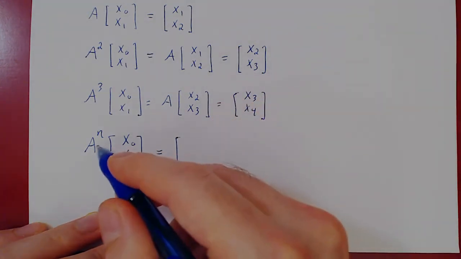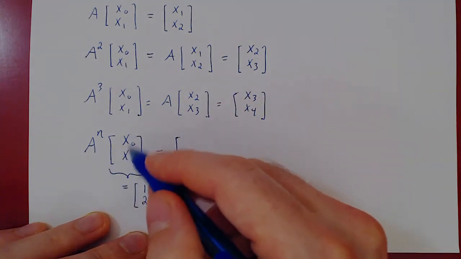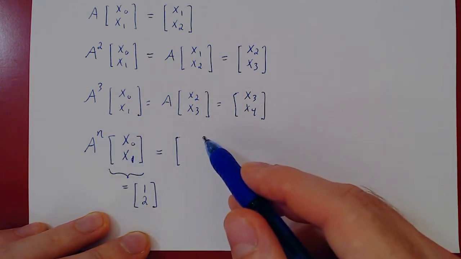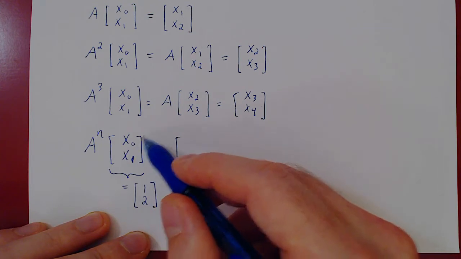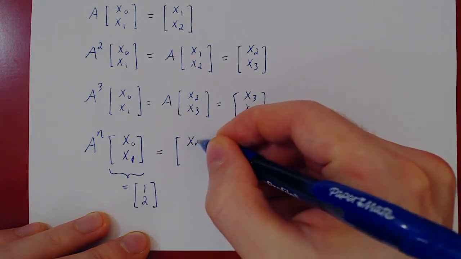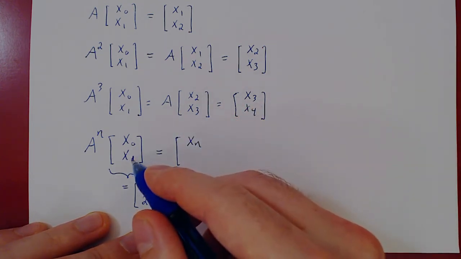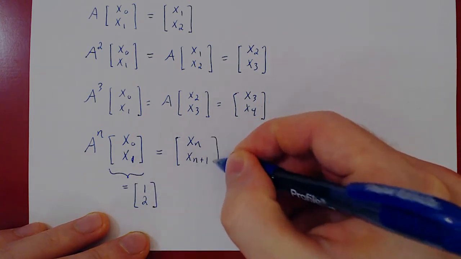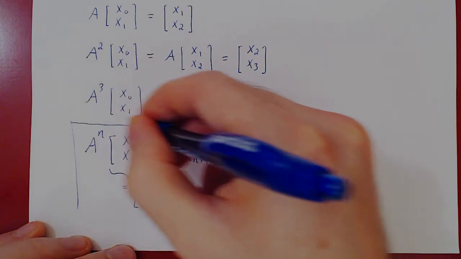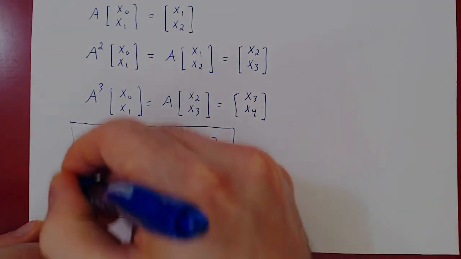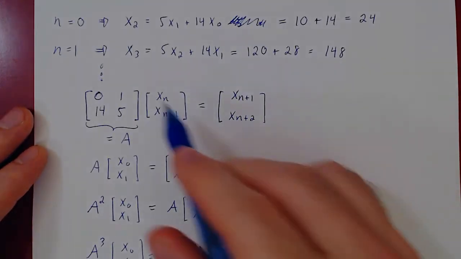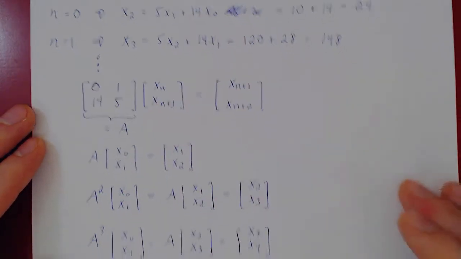So you will move the sequence forward by n steps. So x0 will become xn, and x1 will become xn plus 1. So you know this vector, it's 1, 2. You know the matrix A, 0, 1, 14, 5.